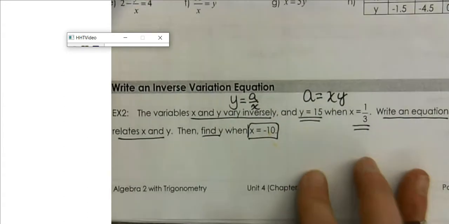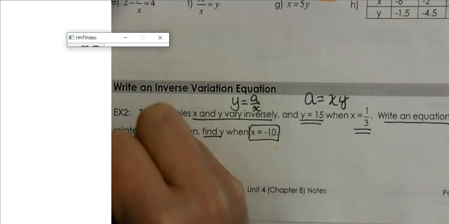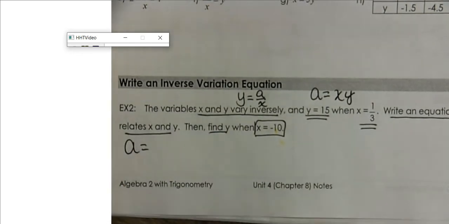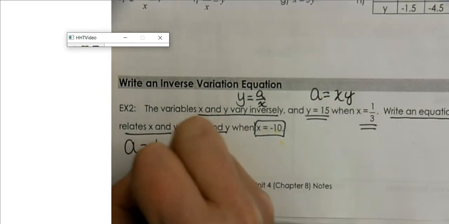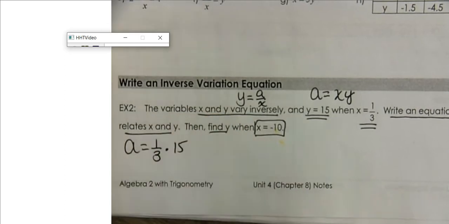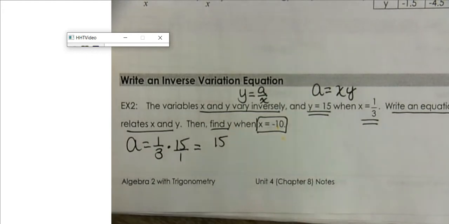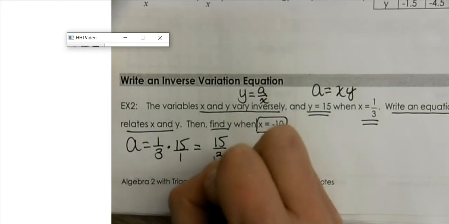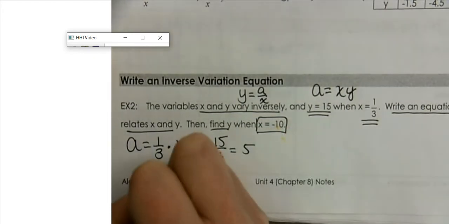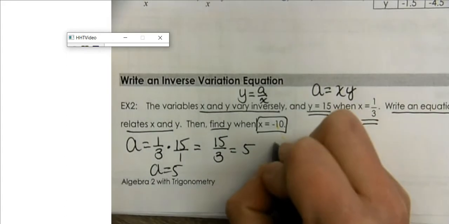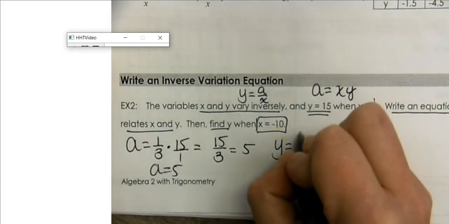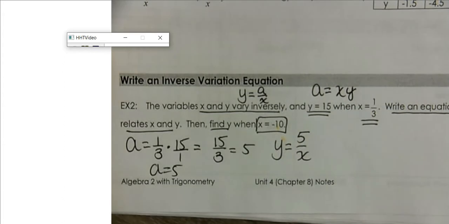So the first thing I'm going to do is identify my constant of variation. That's going to come from x, which is 1/3, times y, which is 15. This is going to be equal to 15 over 1 times 1 over 3, so that's 15 over 3, which is 5. A is equal to 5, and my equation is going to be y equals 5 divided by x.